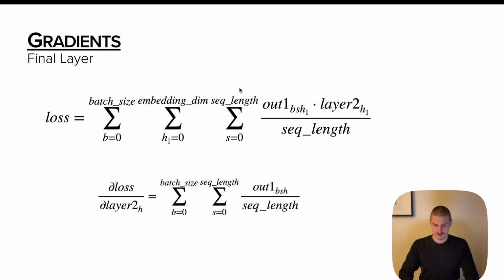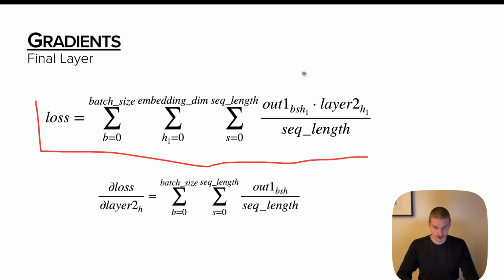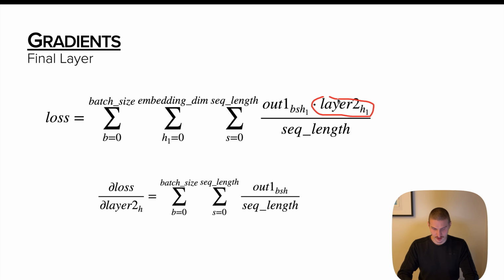So here is the equation for that. So on the top, I have the actual equation for the loss expressed in terms of input to the final layer and the actual parameters of the final layer. So basically this is the combination of three equations that we had before. So one for the actual matrix multiplication of the final layer.